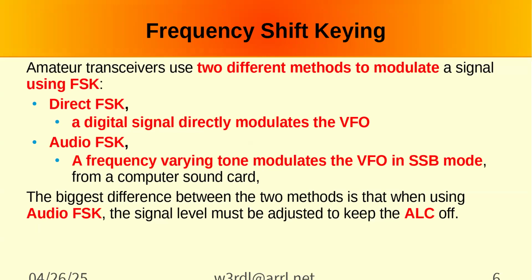And by default, FT4 and FT8 use upper sideband regardless of whether it's above or below 10 megahertz. And RTTY uses lower, I believe. One of the others is always an exception. I think it's RTTY.